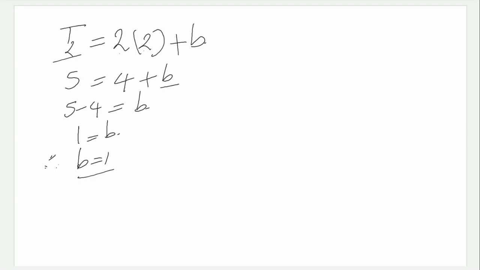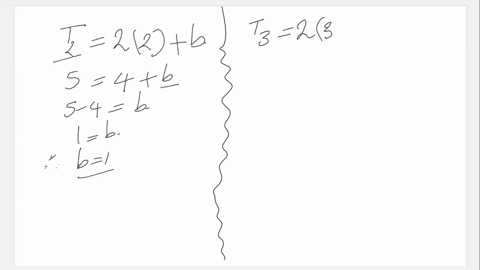You can see that it's very simple to find the value of b. Let me do it again for the third term, which is T3. We know that our constant difference is 2, our term number is 3, and we do not know the value of b.